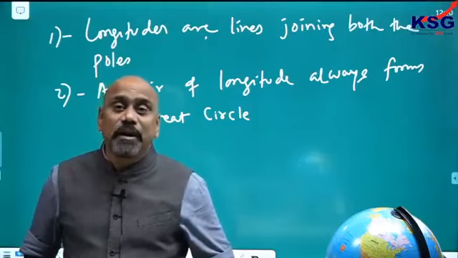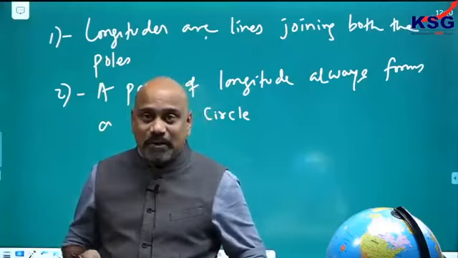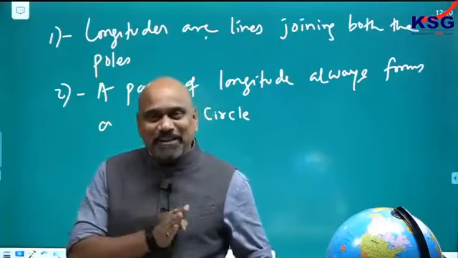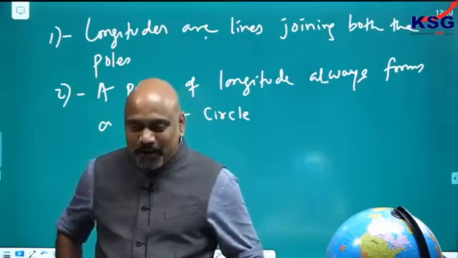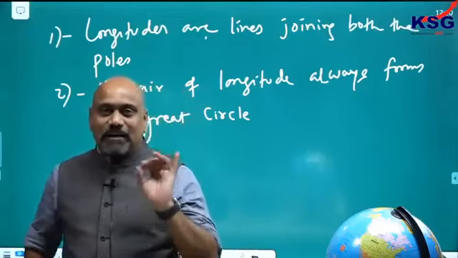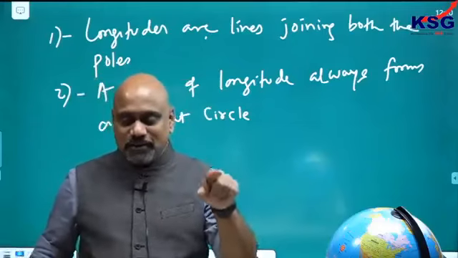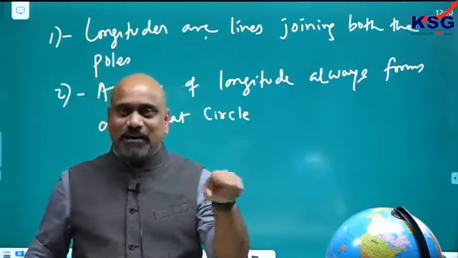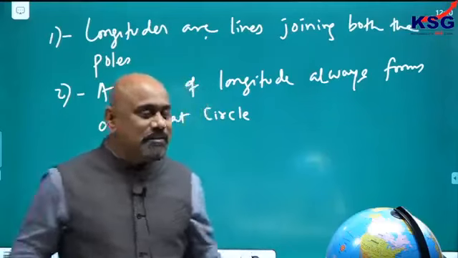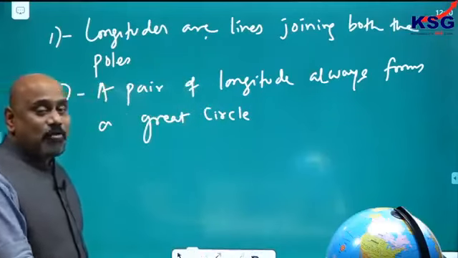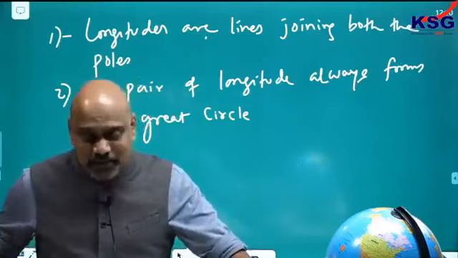Circle of illumination means day and night cannot occur simultaneously at one place. If there is day, there will be no night. If there is night, there will be no day. That's why. That is the major reason for this. Or else 0 degree and 90 degree, 360 degree is the same. Yes, you can do that. Now, why have we taken up this? Because based on the day and night, the 180 degree longitude is regarded as the international dateline.